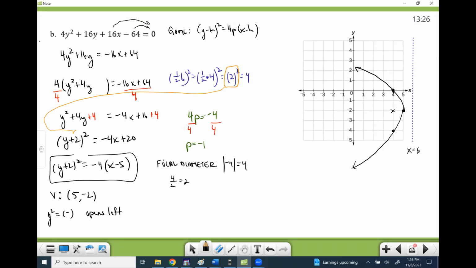Okay, now this one that we're on here, we should get it. Okay, so kind of running out of room on the screen here. Let's see, focus. So in our equation, it's y being squared. So everything's going to be happening to the x. So I'm going to do it to the h in this case, not the k. And then the directrix is going to be an x equals.